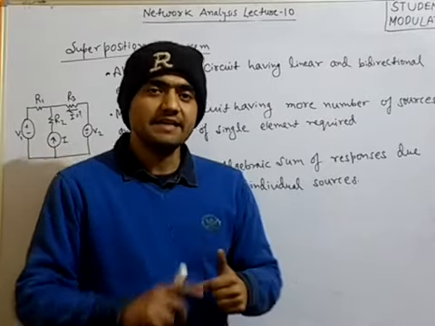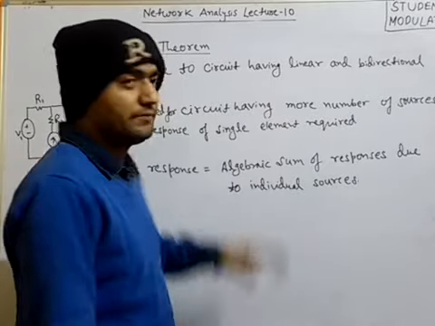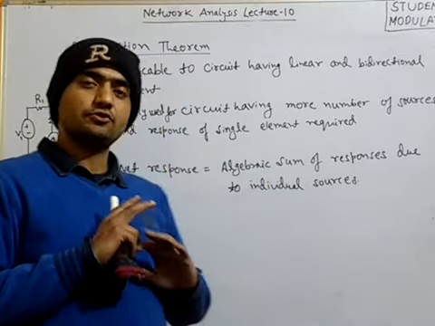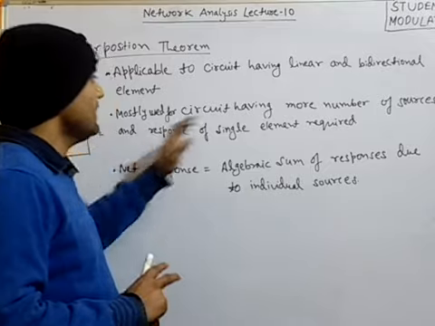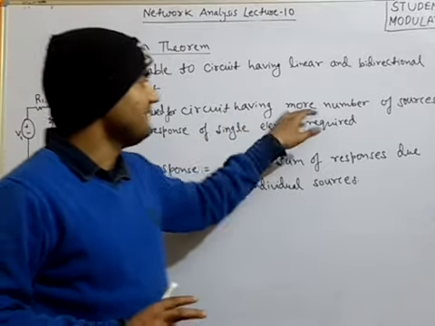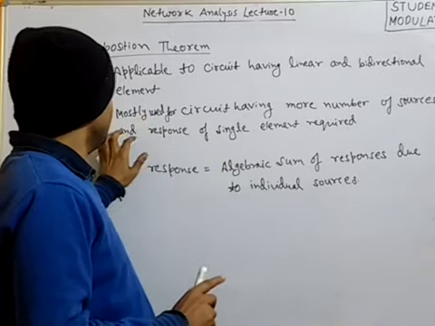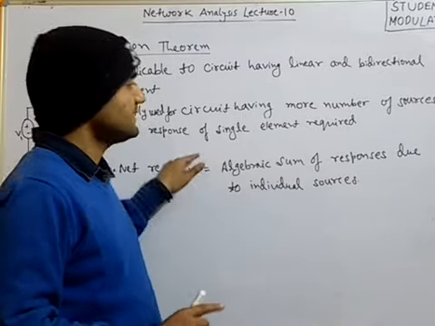Now come to the next point: for which circuit it is mostly used. Mostly the superposition theorem is used for a circuit that has a larger number of sources, but the response is required for a single element.